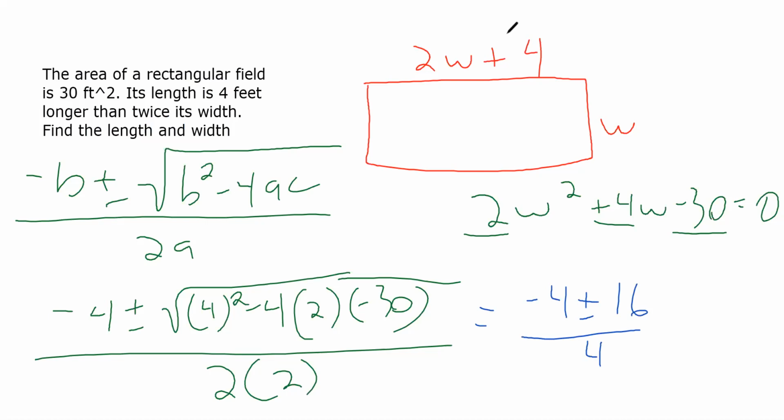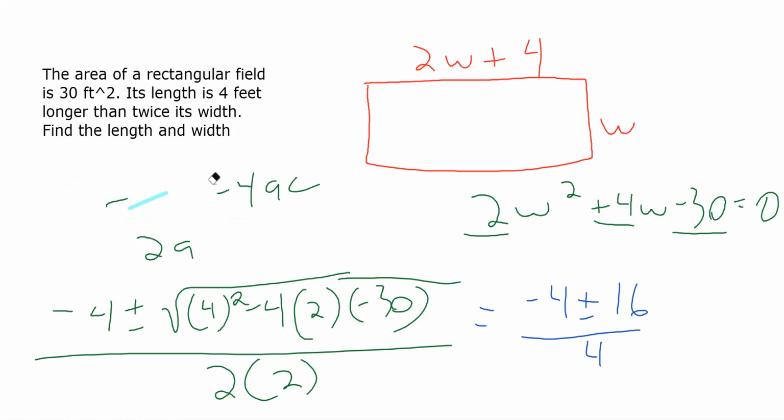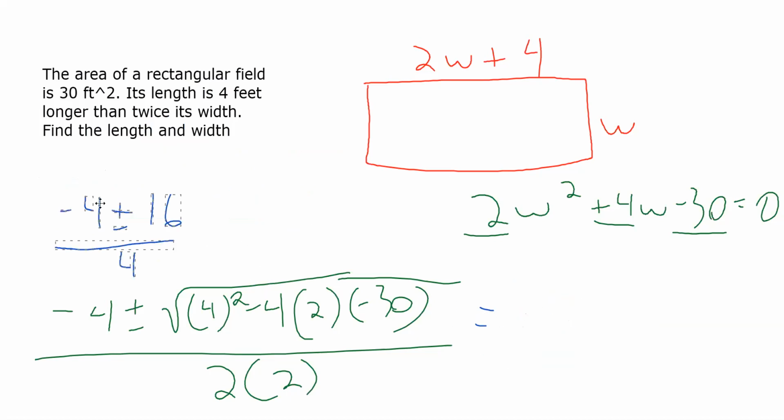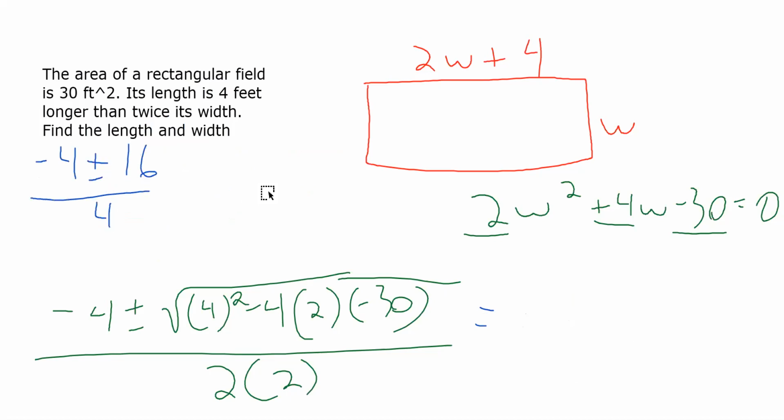So let's clear a space so we can have a little more board space here. Let's see, negative 4 plus 16 all over 4. Then we have to do negative 4 minus 16 all over 4.